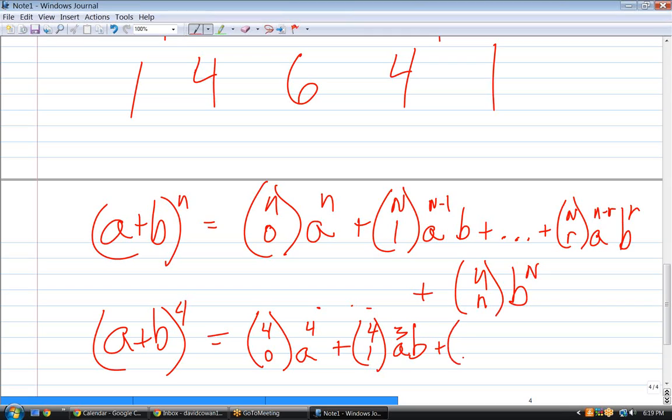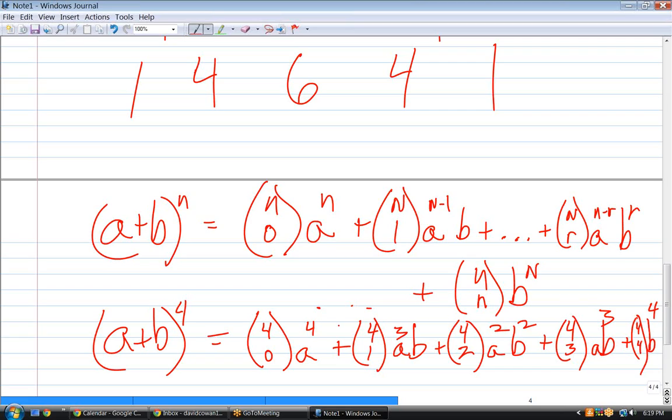The next term is 4 choose 2, so r is counting from 0 up. A squared, b squared, plus 4 choose 3, a to the 1, b cubed, finally plus 4 choose 4, just b to the fourth.